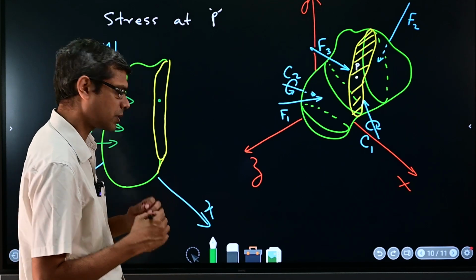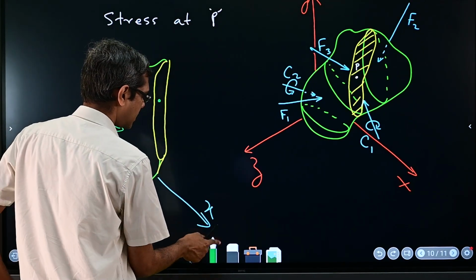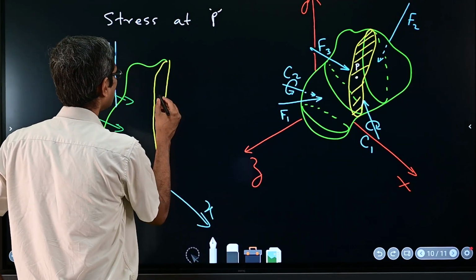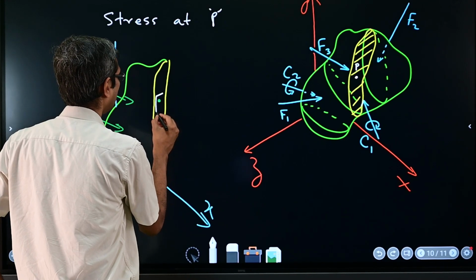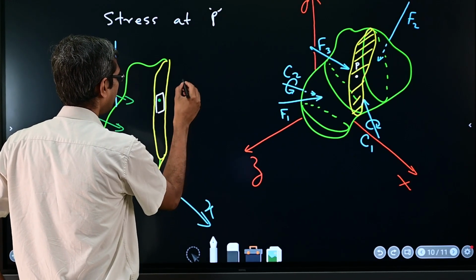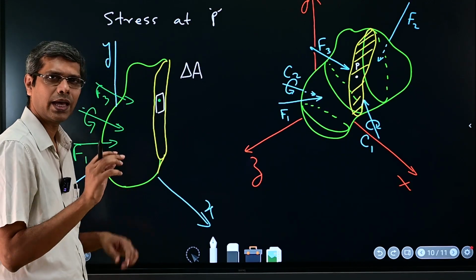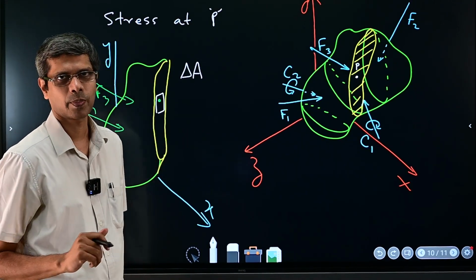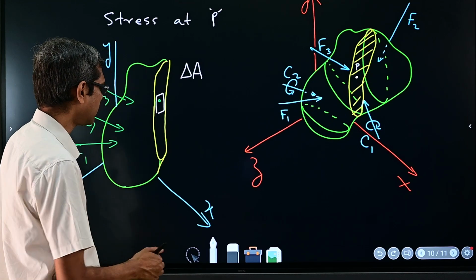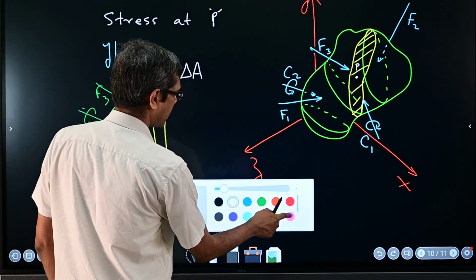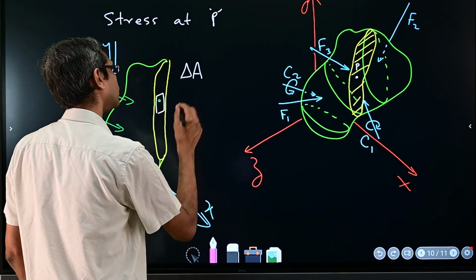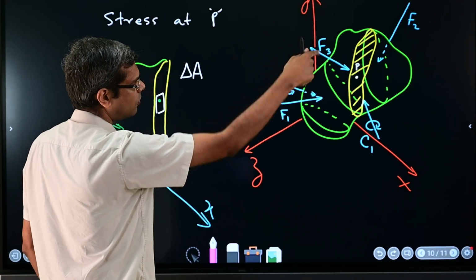Try to imagine that there is a small area dA, or delta A. You take a small area delta A around that point P, and try to imagine the force which was acting because of all this.